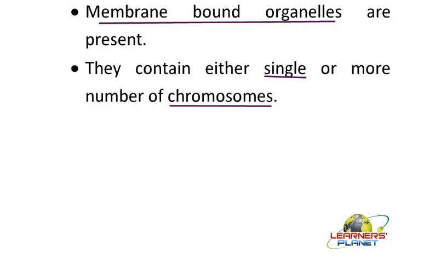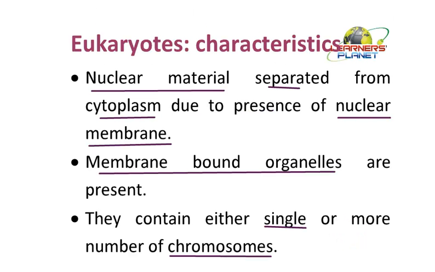The reason is that as the complexity increases, the functions also become complex. And for such a complex system, the complete information has to be stored properly. And thus it is encoded by more than one chromosome. How many chromosomes are present in a human being? There are 23 pairs. So all this is about prokaryotes and eukaryotes.